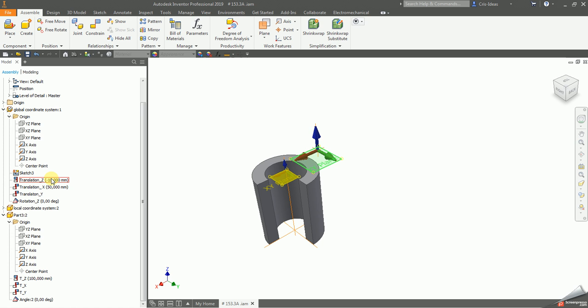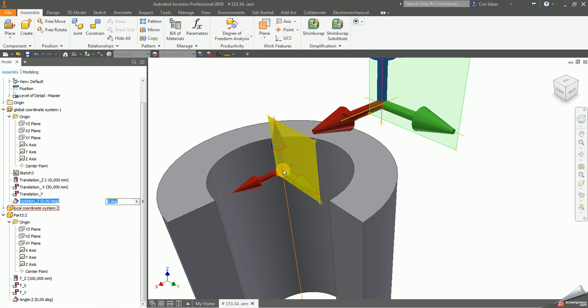The constraints are as follows: a mate for the XYZ, translation along the Z axis, translation along the X axis, translation along the Y axis, and rotation of the coordinate system.